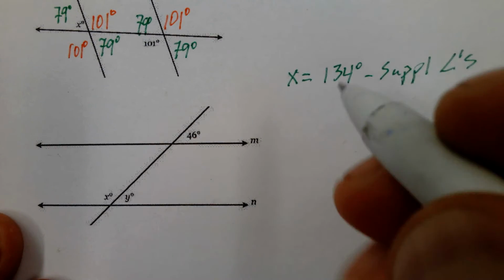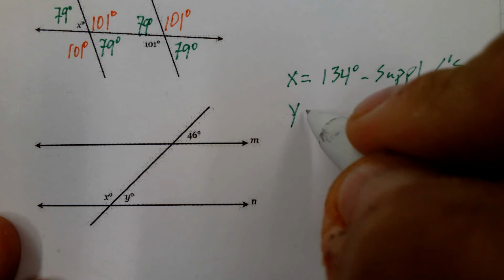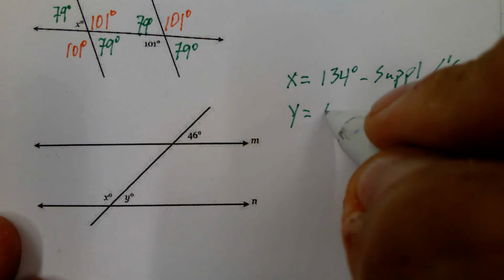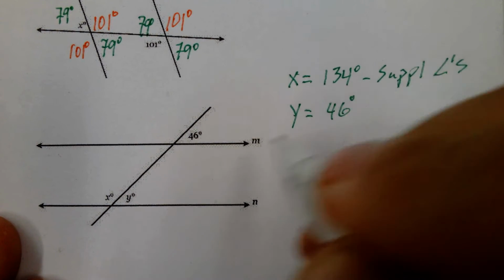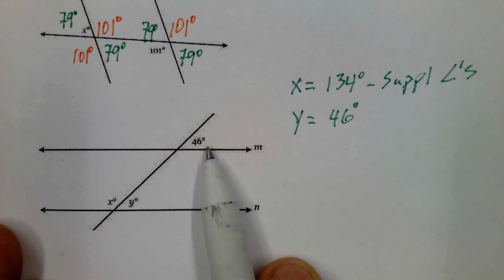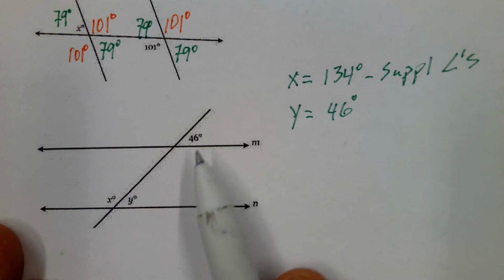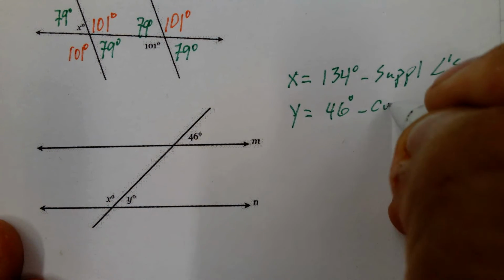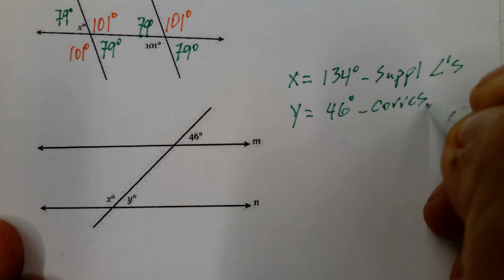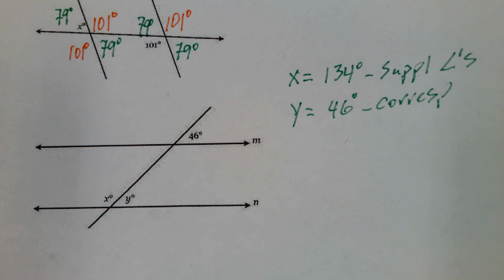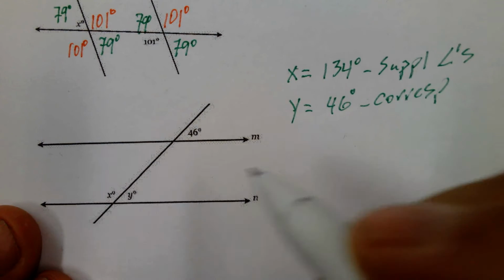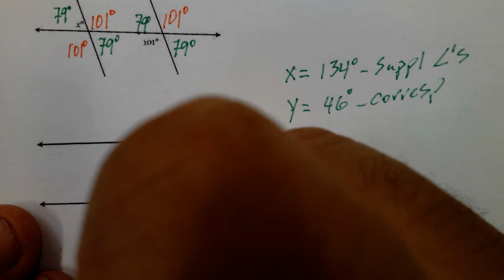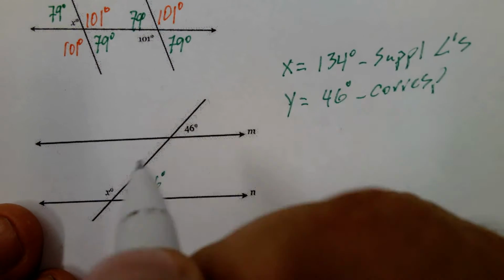So let's find y. 46. And these are corresponding. The 46-degree angle and this one match up. One's outside, one's inside. So these are corresponding. So now we can find all of the angles. Okay, we can find all the 46-degree angles.